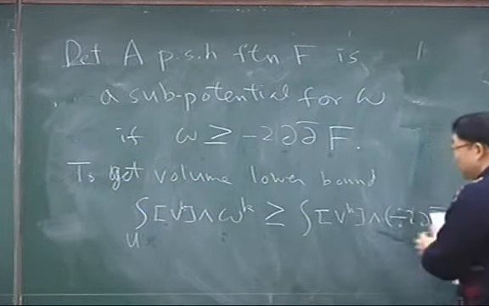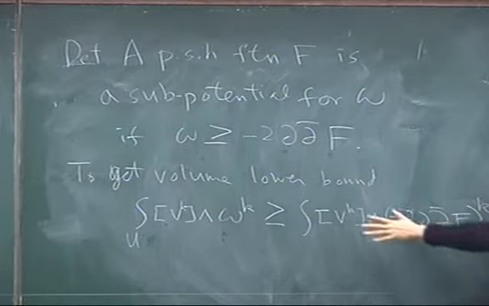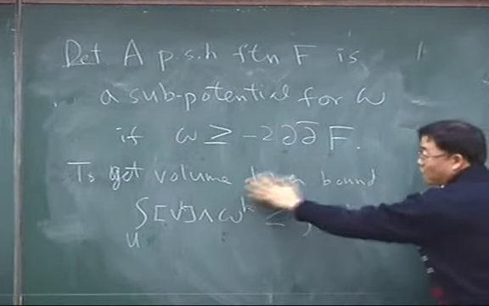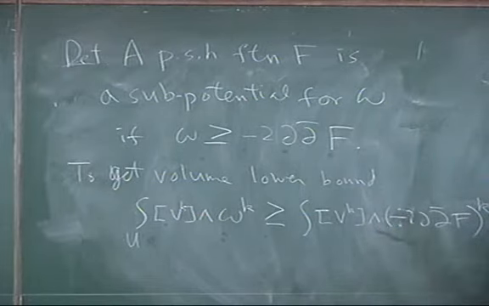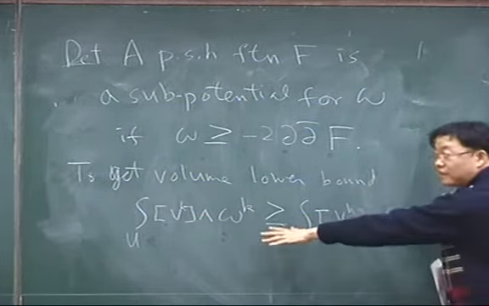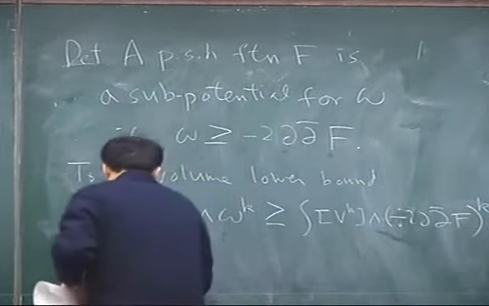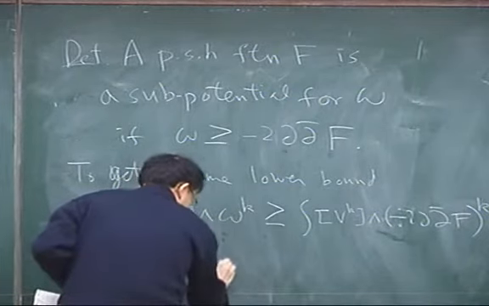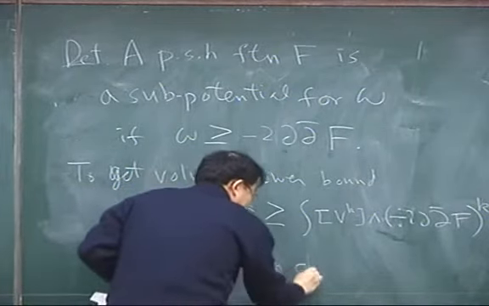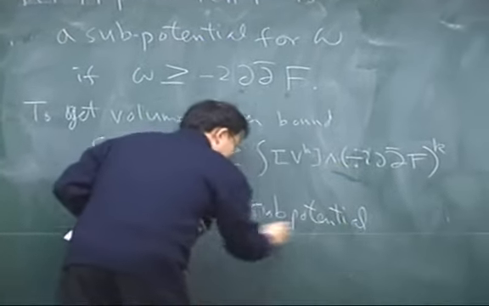Okay, so if you replace this by the above subpotential, as long as you want a lower bound for volume, it doesn't matter. If you get a lower bound for this guy, then you still get a lower bound for that guy. So to get a volume lower bound, we may use subpotential instead of potential.